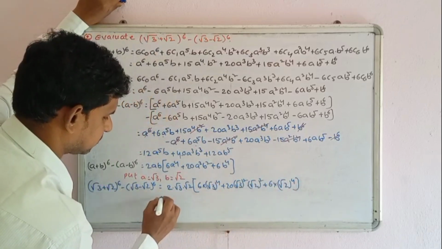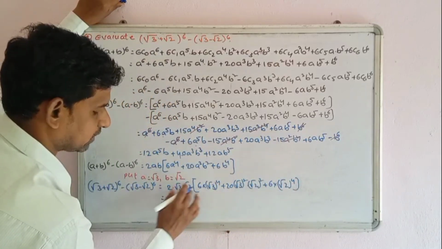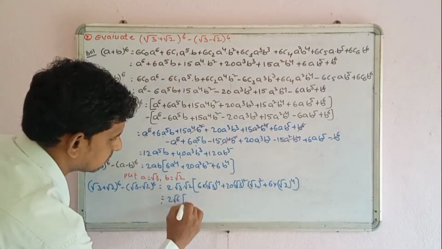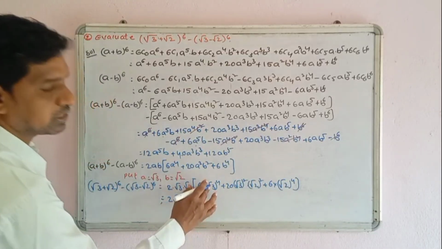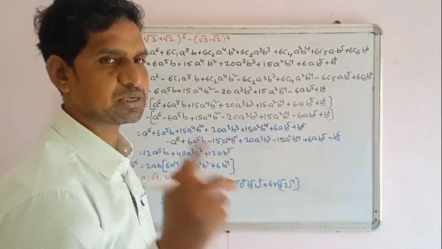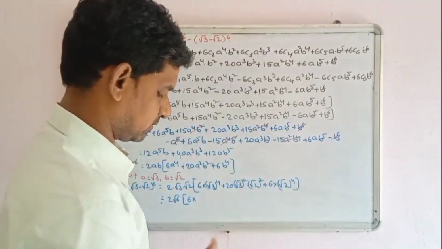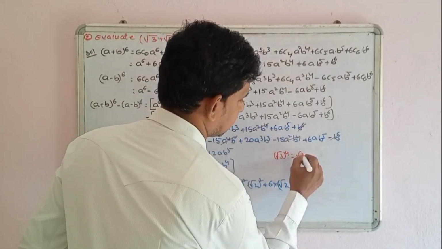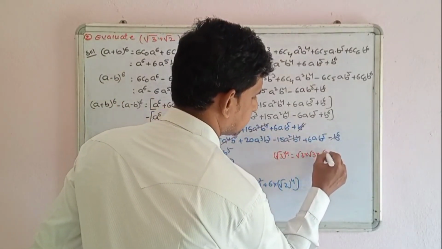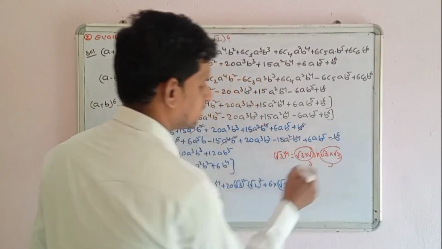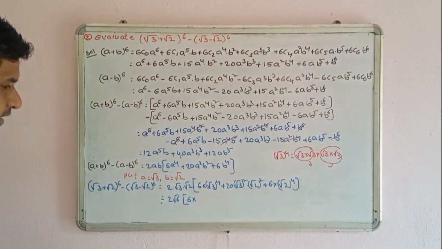So 2 times root 3 times root 2 is 2 root 6, into 6 into root 3 power 4. Root 3 power 4 is root 3 times root 3 times root 3 times root 3. Root 3 into root 3 is 3, root 3 into root 3 is 3, so 3 times 3 is 9.